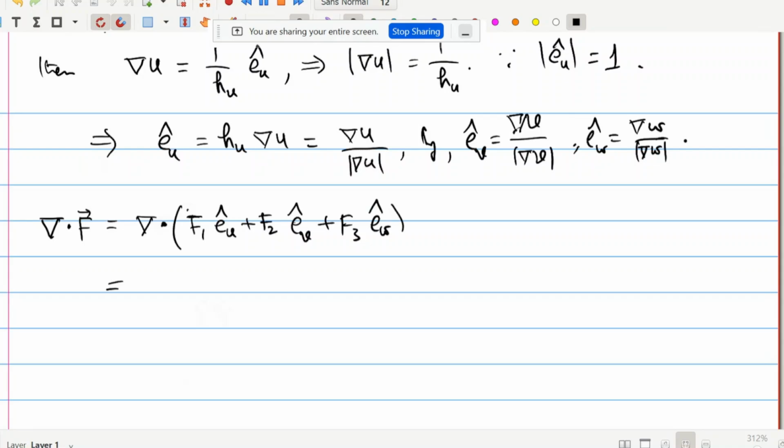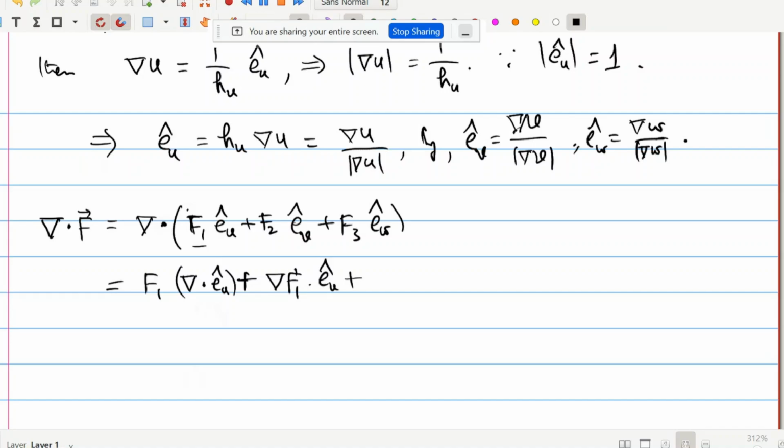So this will give me f1, it's a scalar function, so it comes out. What you get is f1 del dot eu cap plus, since it is a scalar function, another term: gradient of f1 dot eu cap. This is the first term.